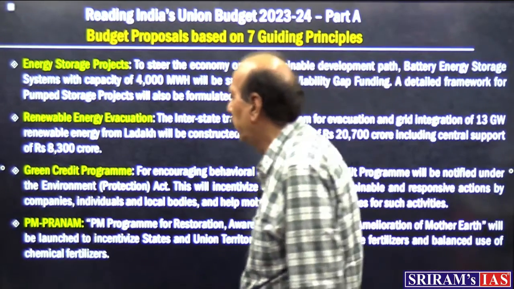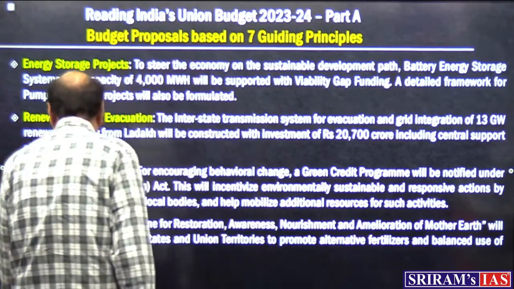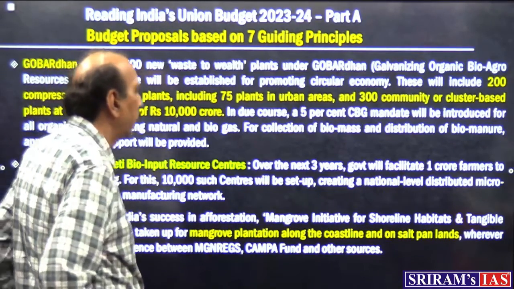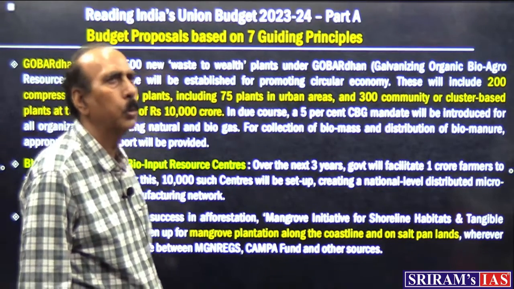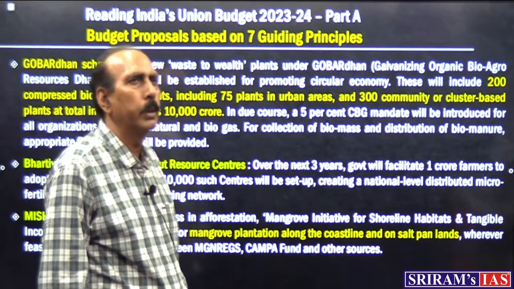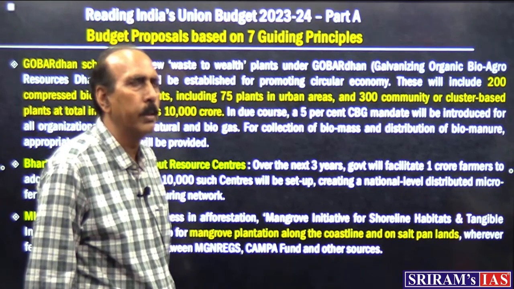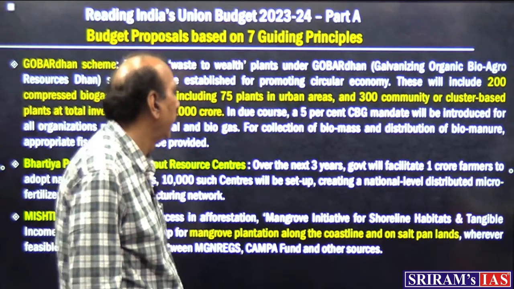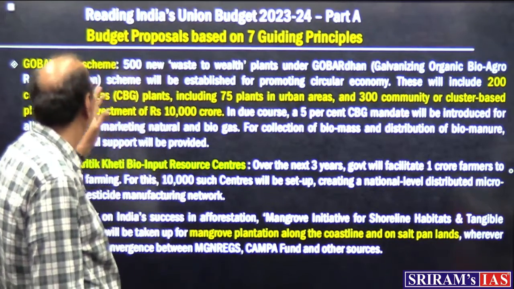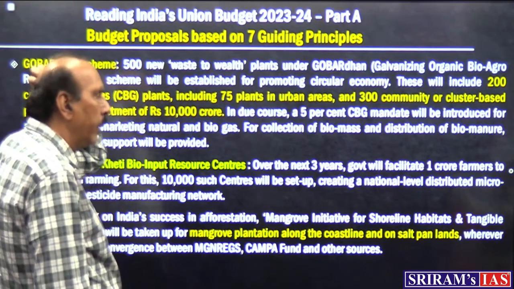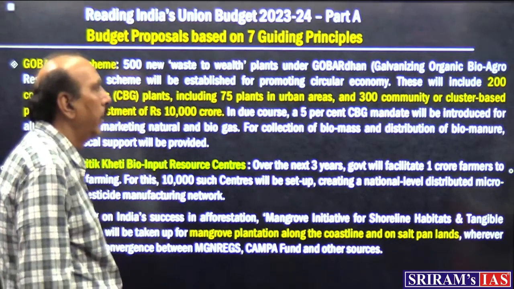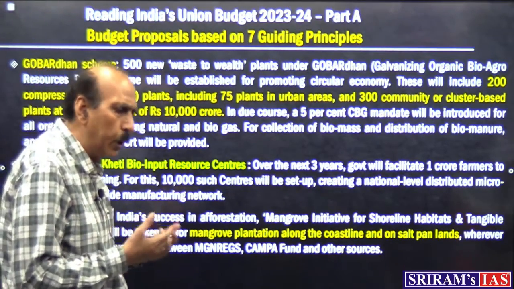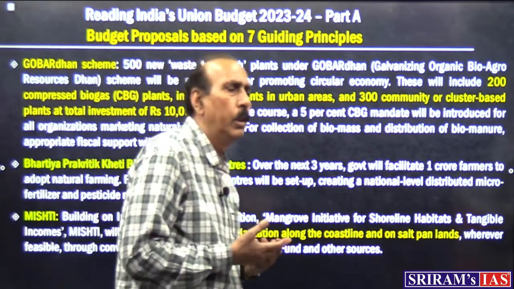The government will launch an incentive scheme for the states to motivate the farmers under their jurisdiction to move from chemical fertilizers to biofertilizers. Similarly, there is the Govardhan scheme, which is galvanizing organic bio-agri resources, because a lot of agri waste is generated.